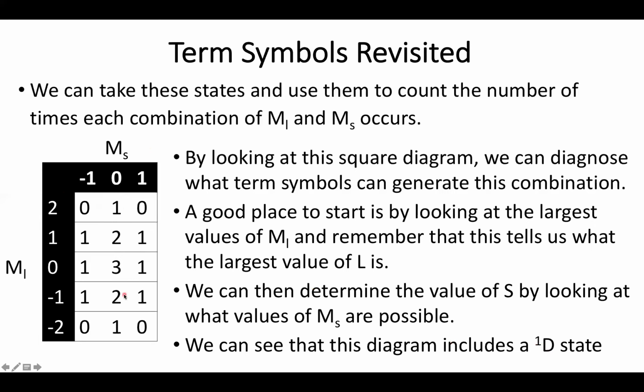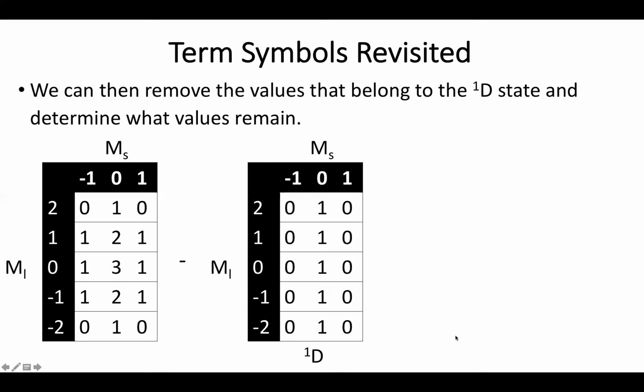Now, in order to figure out everyone else, I'm going to want to take my diagram for my total and subtract out a square diagram that corresponds to the singlet D state. And in this case, I know that for a singlet D state, m sub l values can go anywhere from positive L to negative L, or 2 to -2. But m sub s has to go from negative S to S, or has to be 0 for a singlet state.